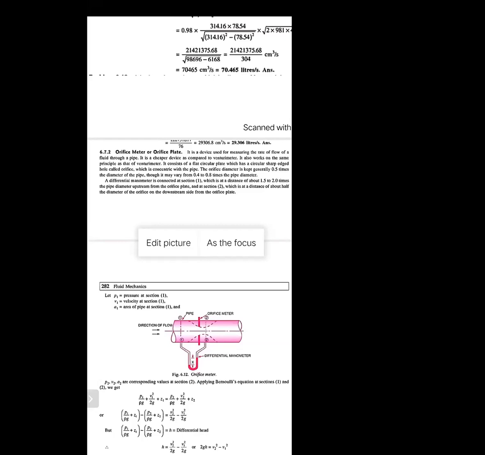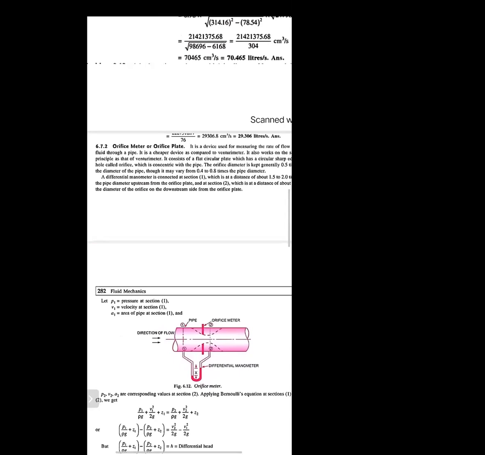The diameter of the orifice is generally kept 0.5 times the diameter of the pipe. It means that the pipe diameter is greater than the orifice diameter.